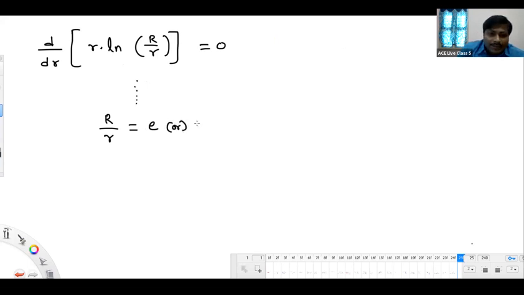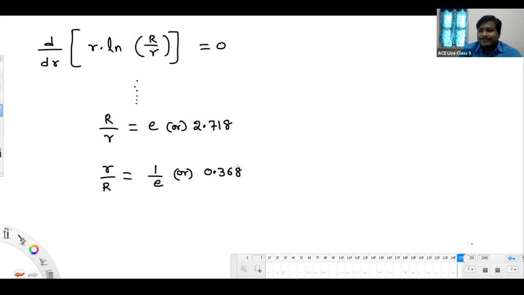The small e number is 2.718. In reverse, you can say small r by capital R is 1 by e. That 1 by e number is 0.368.